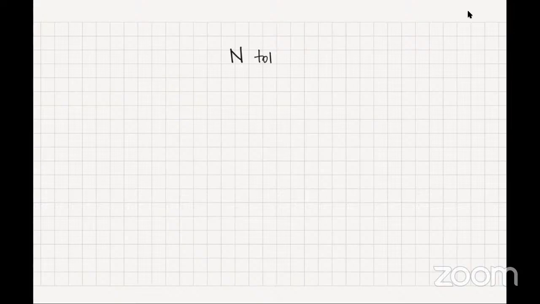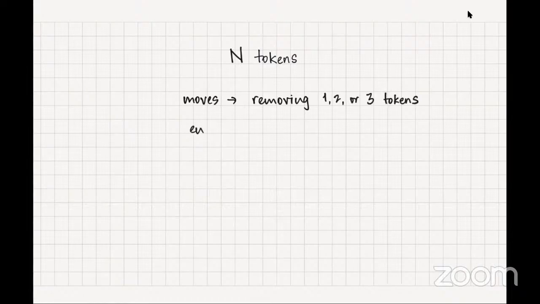So we have n tokens to begin with. And the moves, if you like, involve removing 1, 2, or 3 tokens on your turn. And the game ends when you have 0 tokens left.